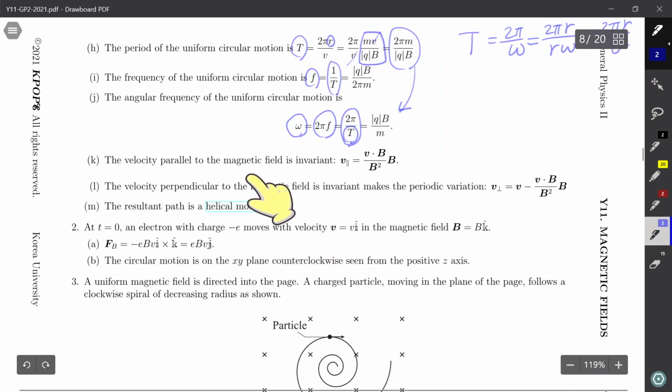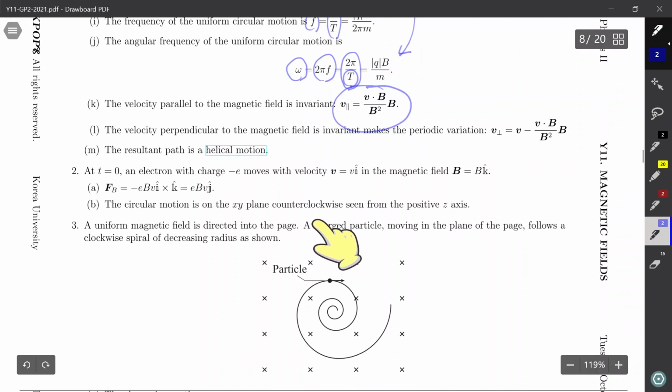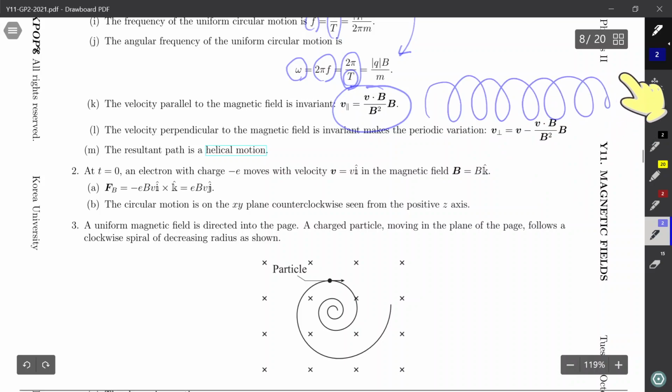The velocity parallel to the magnetic field is invariant. If it is zero, it is uniform circular motion. If it is non-zero, it makes a helical motion. The magnitude of the velocity perpendicular to the magnetic field is invariant.